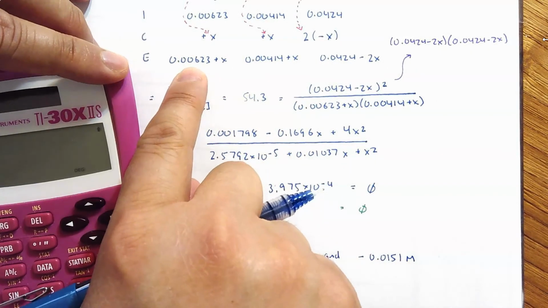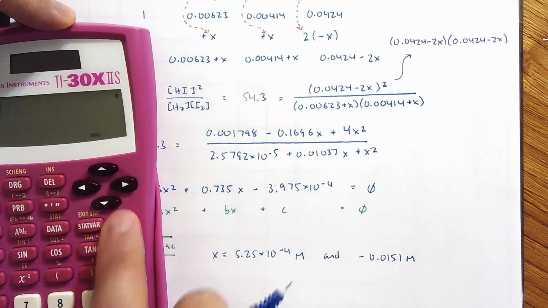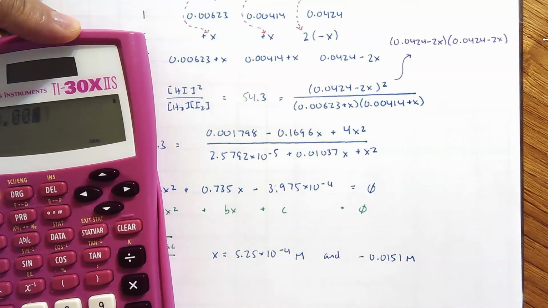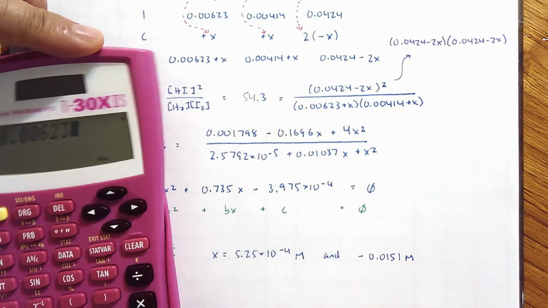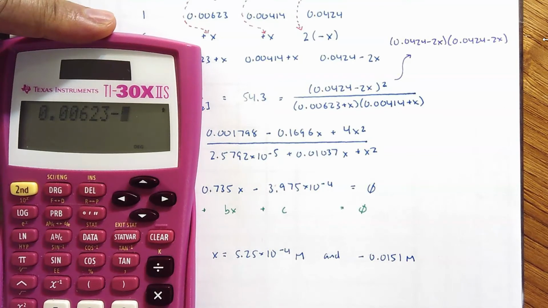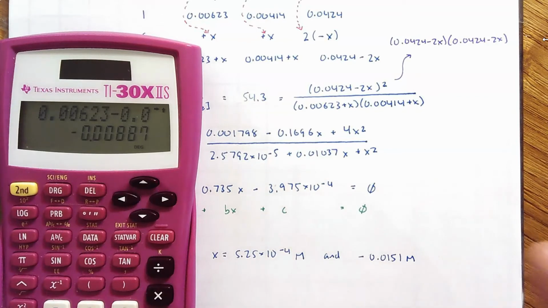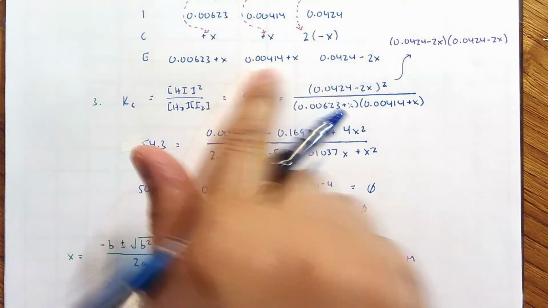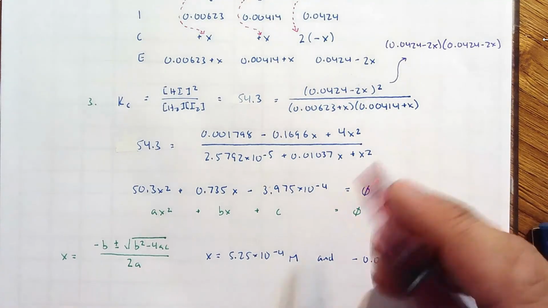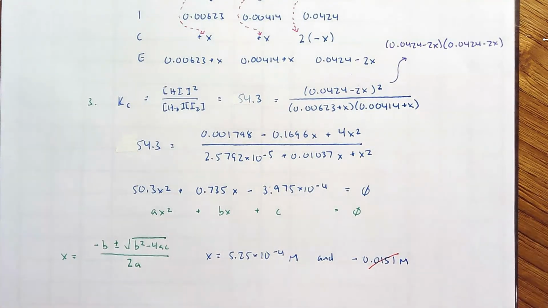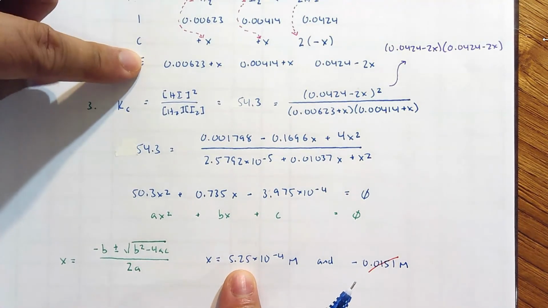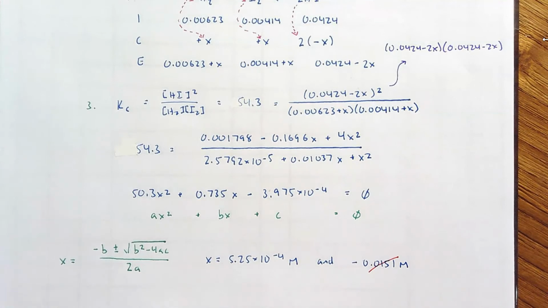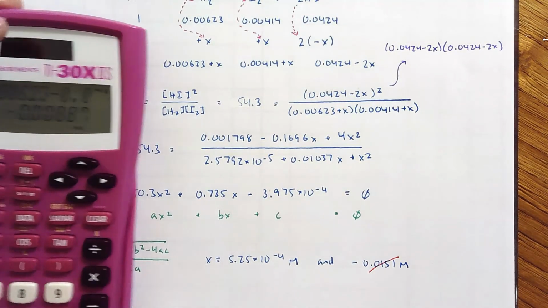Let's plug it into the H2 concentration. 0.00623 plus x, but x here is negative, so minus 0.0151. So it's a negative. We can't have a negative concentration, so we are going to get rid of this. Your x that you're using is this, and you just need to plug it into each of these to figure out the equilibrium concentration. Let us do that.